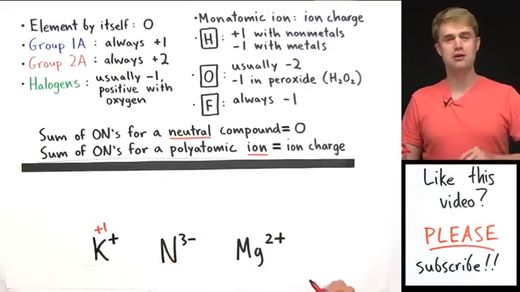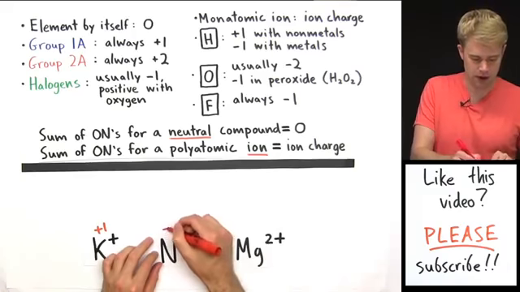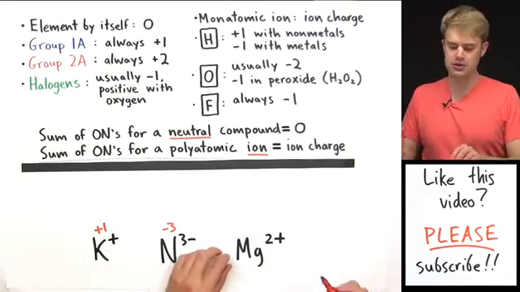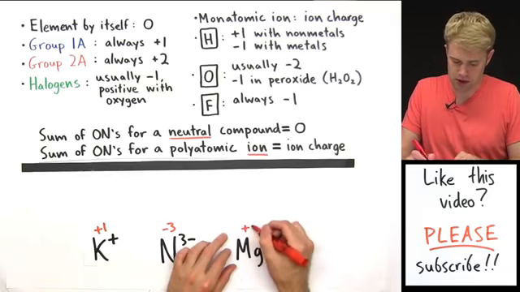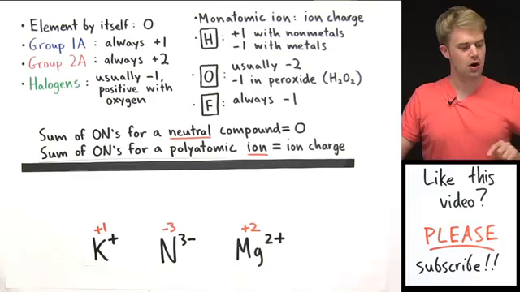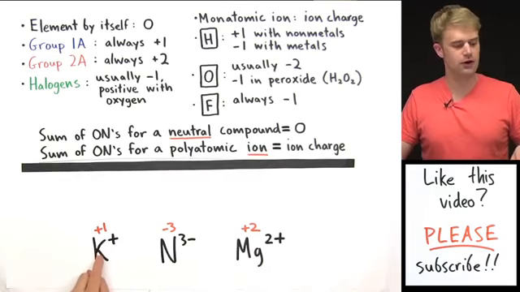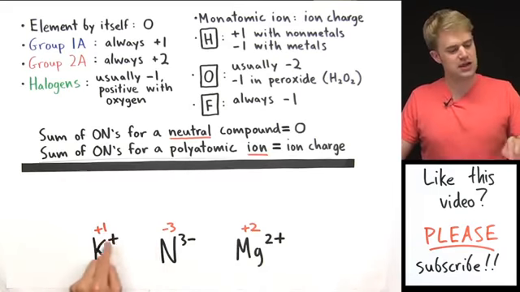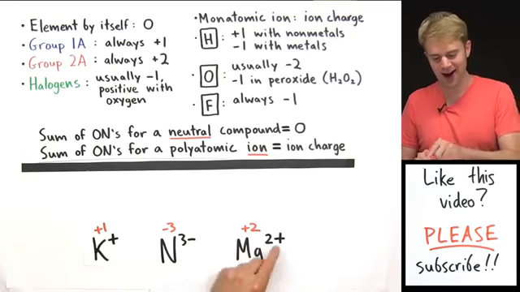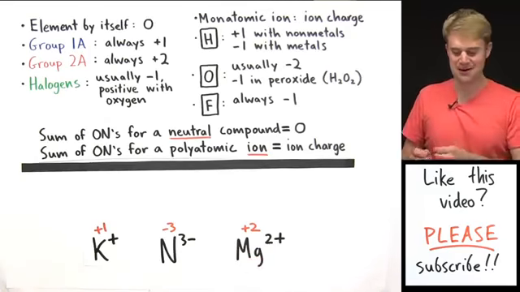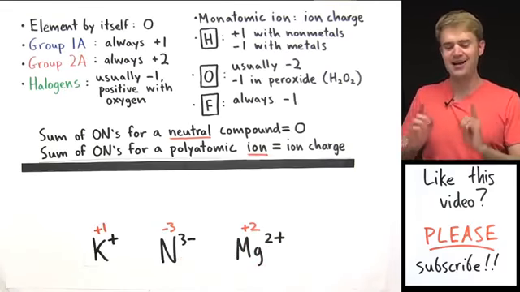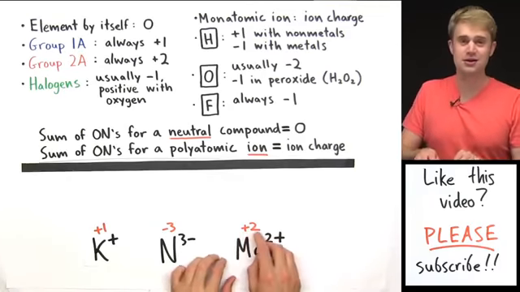For N3-, it'll have an oxidation number of -3, and Mg2+ here is going to have an oxidation number of +2. Now keep this in mind, when we write oxidation numbers, we write the sign first, so plus or minus, and then the number after. This is the opposite of how we write ionic charges, so just keep that in mind. The charge might be 2+ on magnesium, but the oxidation number is +2.